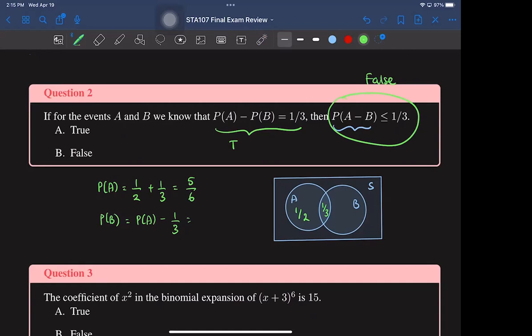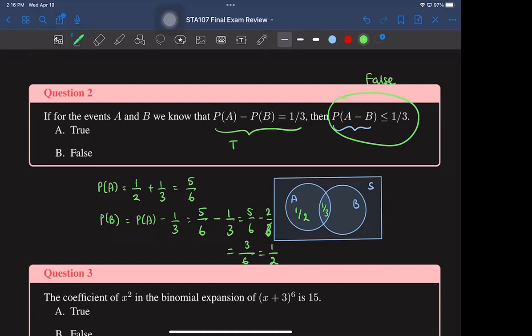To show that the statement is false, I will have to choose some example such that the if part is true and the then part is false. So here I have 5 over 6 minus 1 over 3, which is 5 over 6 minus 2 over 3, which is, let's see, 3 over 6, which is 1 over 2.